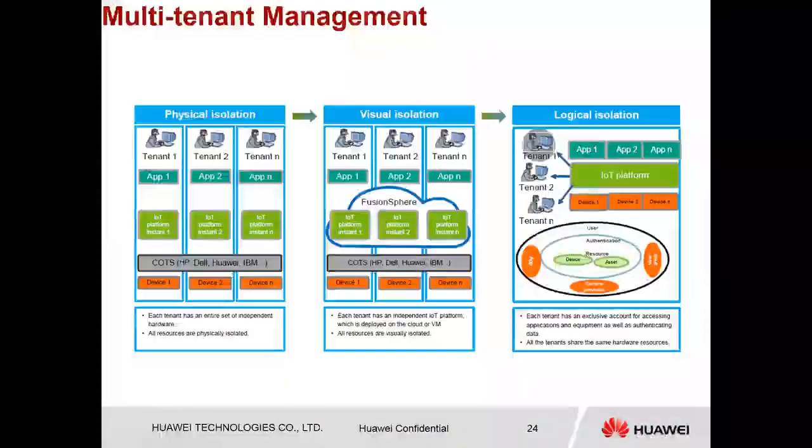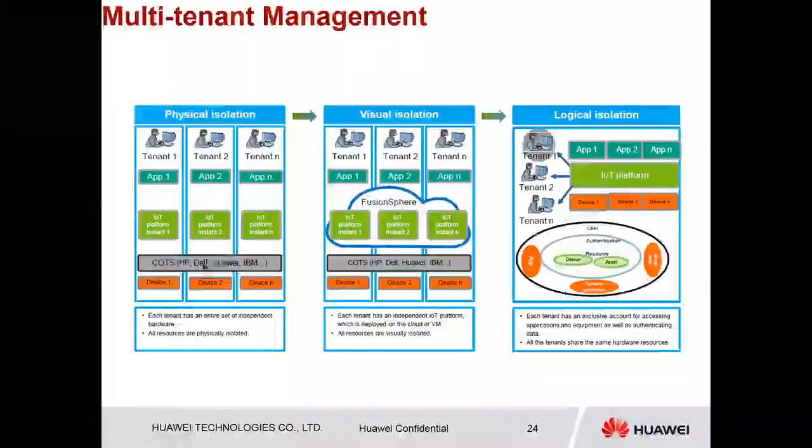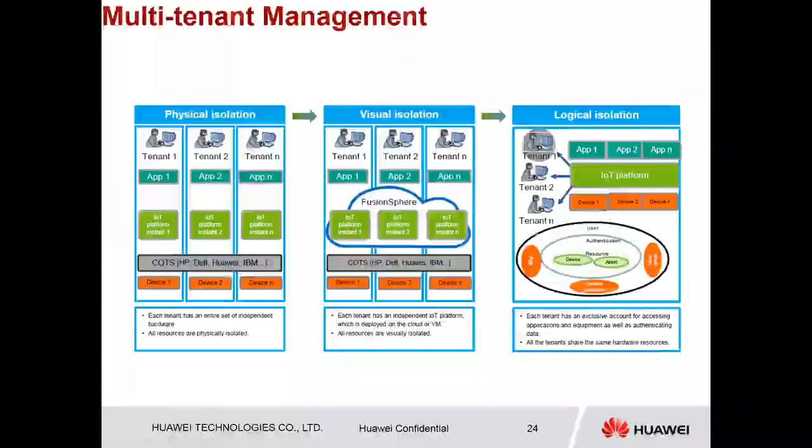And this is the multi-tenant management. We can check it at different levels. The first level is device, different devices. And next is the core, which means different hardware servers: HP, Dell, Huawei, IBM, different servers.